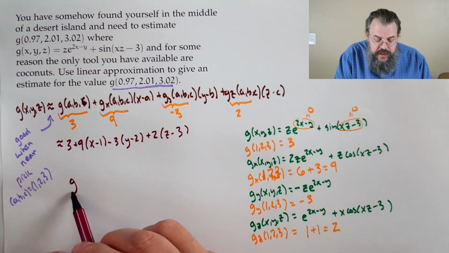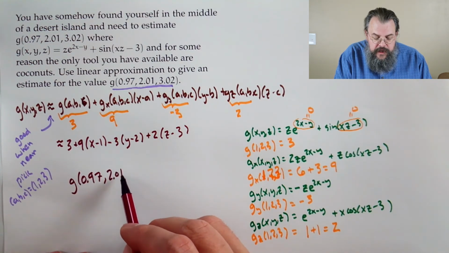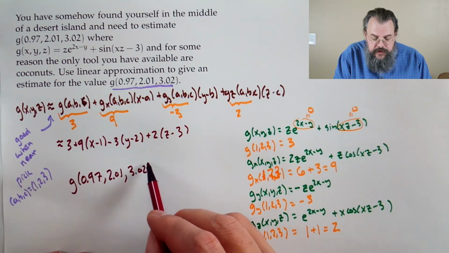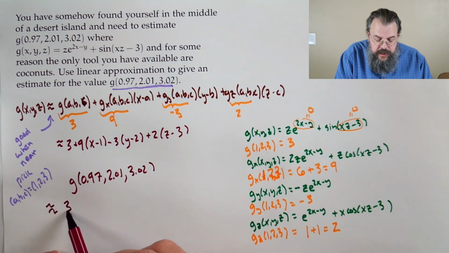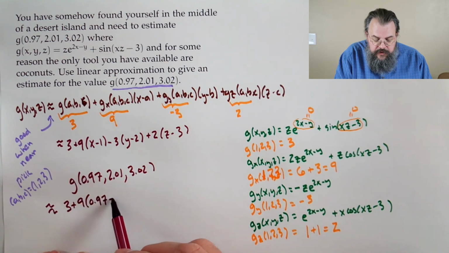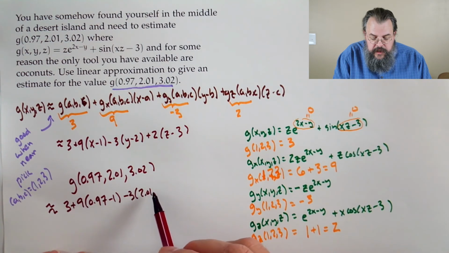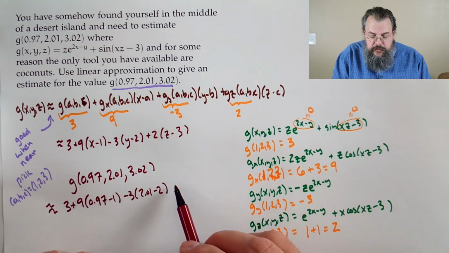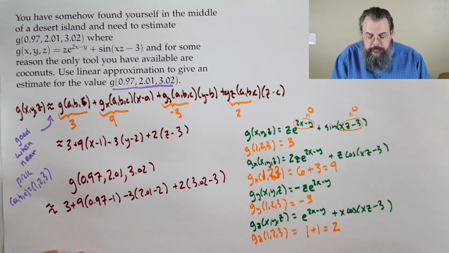So g of 0.97, 2.01, 3.02 is going to be approximately 3 plus 9 times 0.97 subtract 1, minus 3 times 2.01 subtract 2, plus 2 times 3.02 subtract 3.